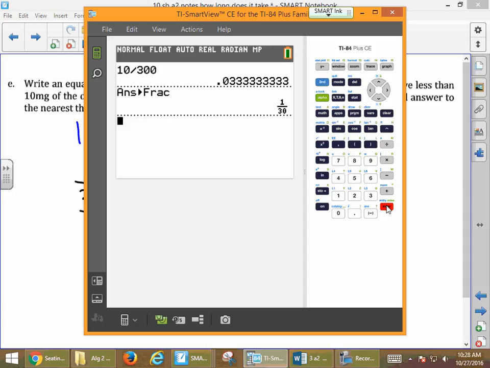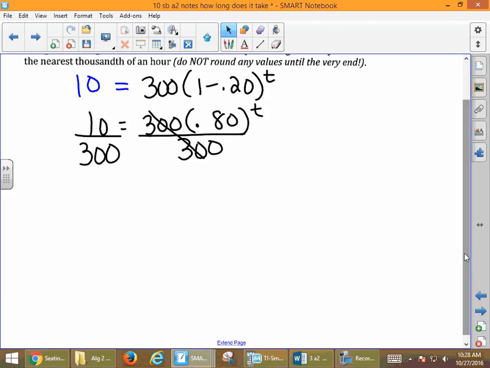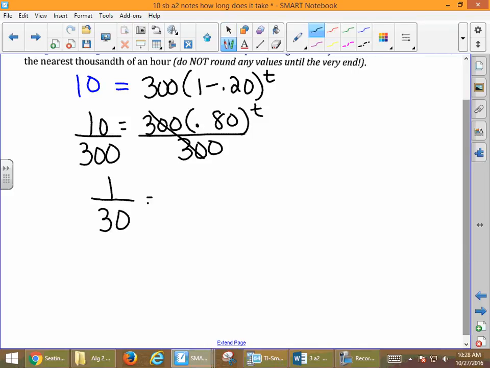So let's simplify it, but don't shorten that decimal. Don't do 0.03 or 0.033. Don't round. So let's say that this is 1/30th, which it is, equals 0.80 to the t.